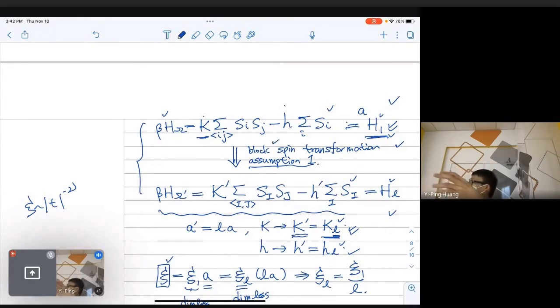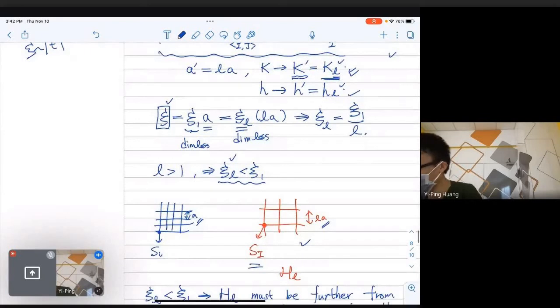Because if you sum your spins in a very regular pattern, you have a better chance of getting an effective Hamiltonian that still looks like your original problem. To some extent, you then have some understanding about your original problem, and you can apply that to the new effective Hamiltonian. That's the spirit of why we are doing this summation. But let's continue and see what we can get from this quite formal operation.